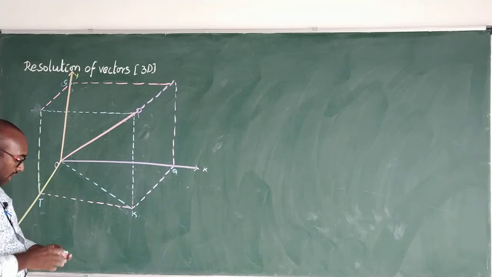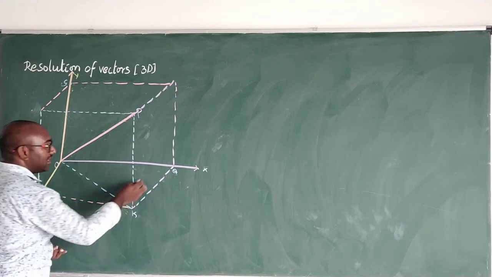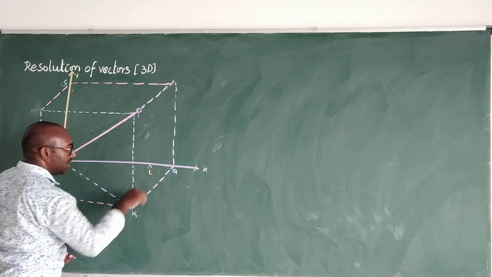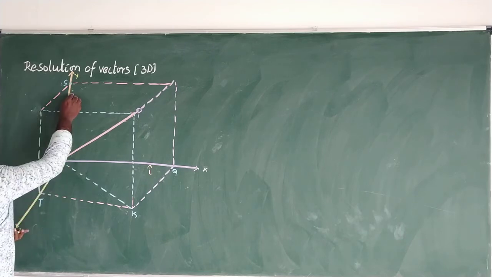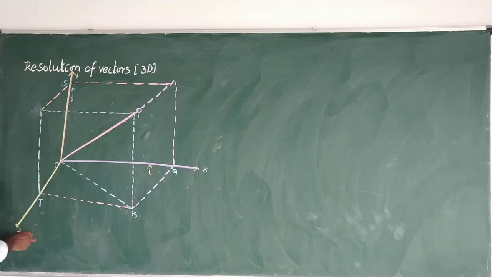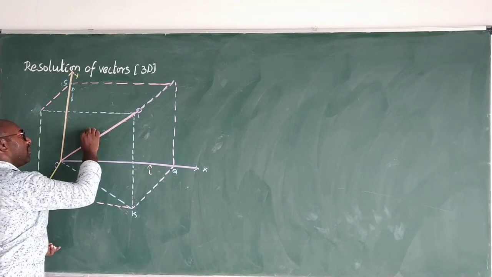Any doubt? Now, the unit vector along the x direction is i cap, along the y direction j cap, and along the z direction k cap. And this vector, OP, I am taking as A.